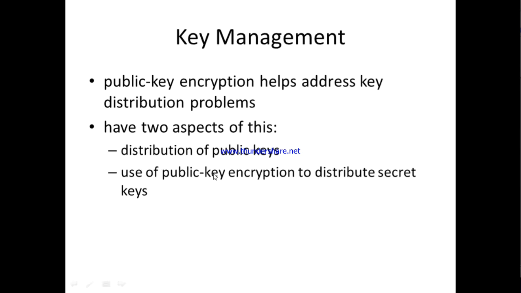One more application of public key cryptography is key distribution. How are we going to distribute the key? A secret key must be generated at both ends, sender and receiver. The sender and the receiver should share a common key to perform further encryption and decryption. For the distribution of that secret key, we can go for public key cryptography.